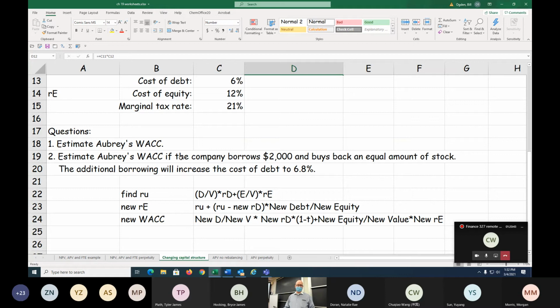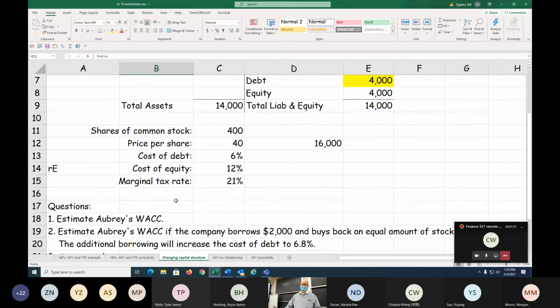Okay, this is the 3-step procedure. It's on either the first or second page of the lecture notes. First thing you have to do is find RU. So you want the debt to value ratio, and how do I get that?